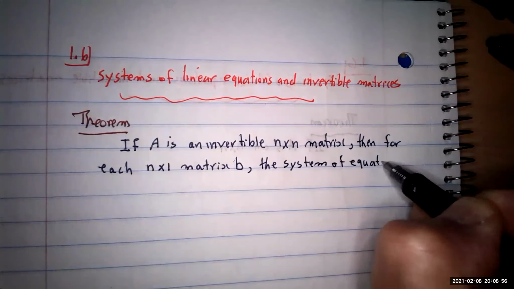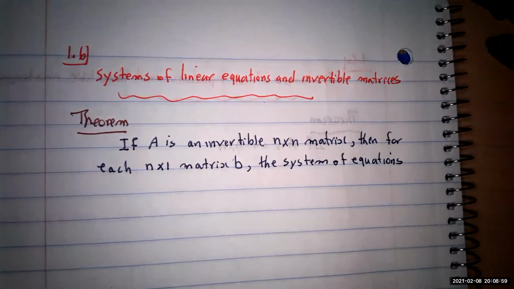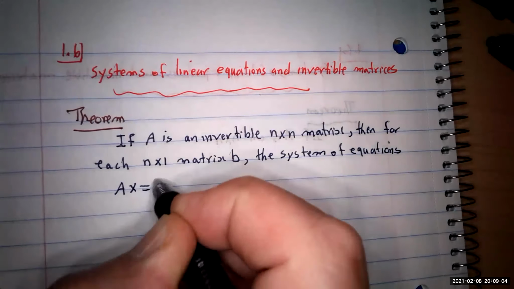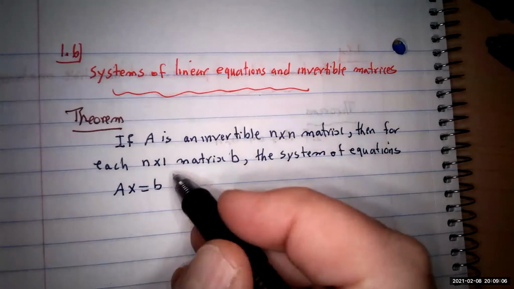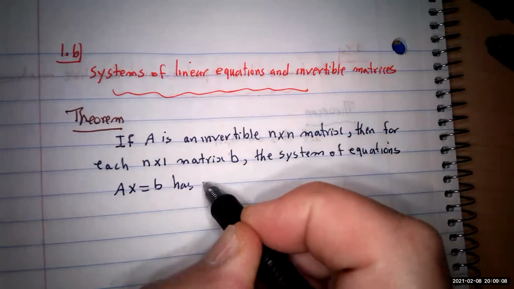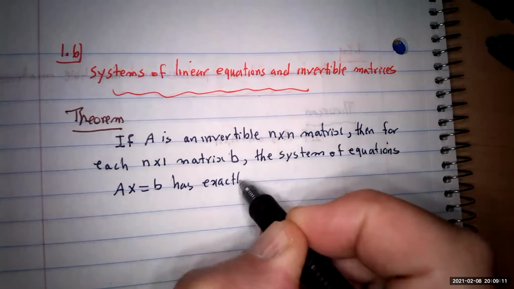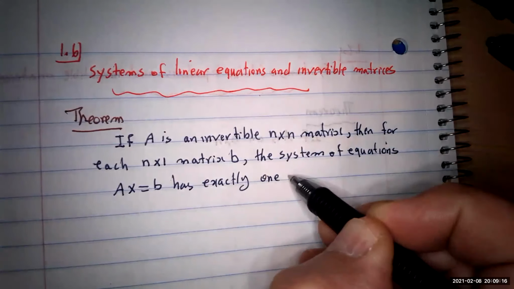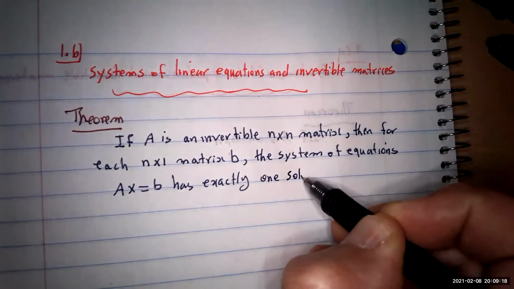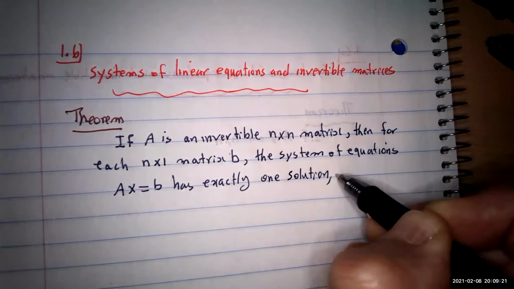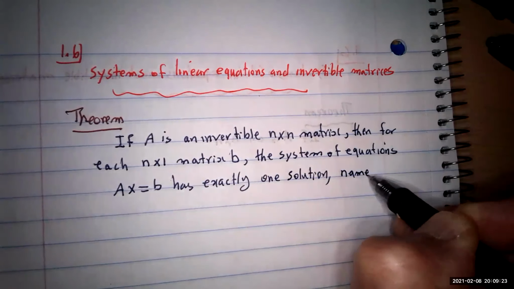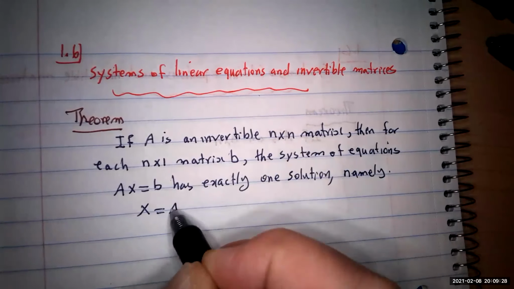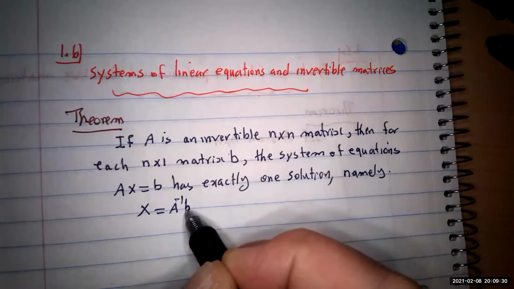You know that a system of equations can be written as a matrix equation. AX equal to B has exactly one unique solution, namely X equal to A inverse B. That's it.